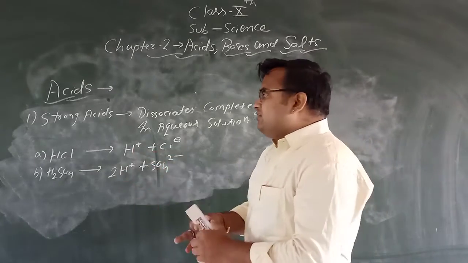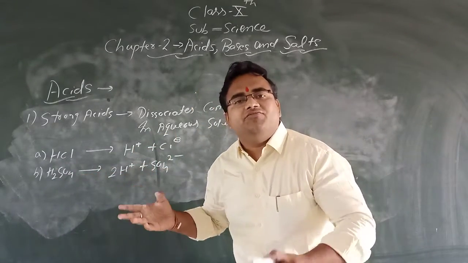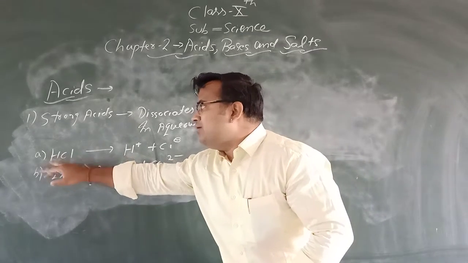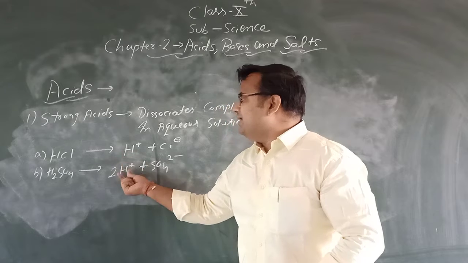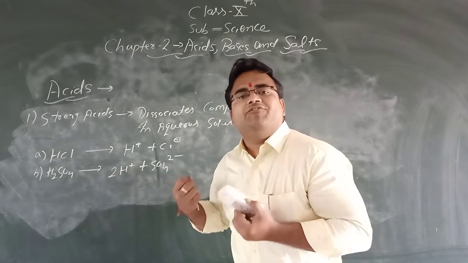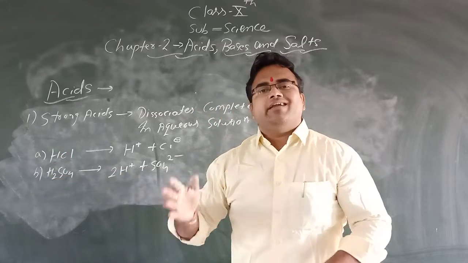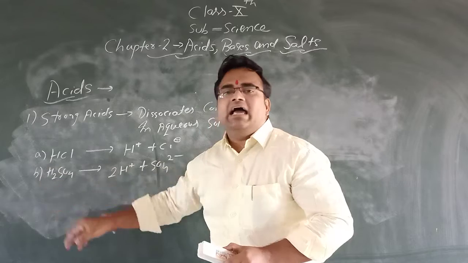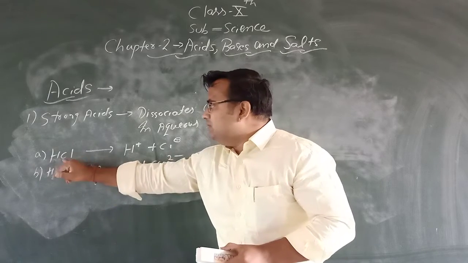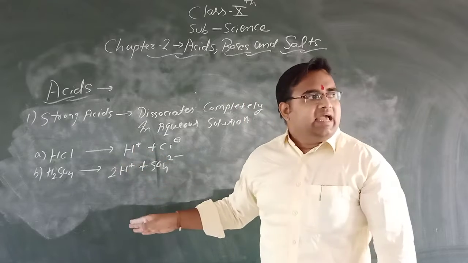These two acids are categorized as strong acids because whatever amount of H plus ions are present in these acids is completely released, that is, the acids are completely dissociated. That means the amount of hydrogen ions present in the compound is released totally into the aqueous solution.